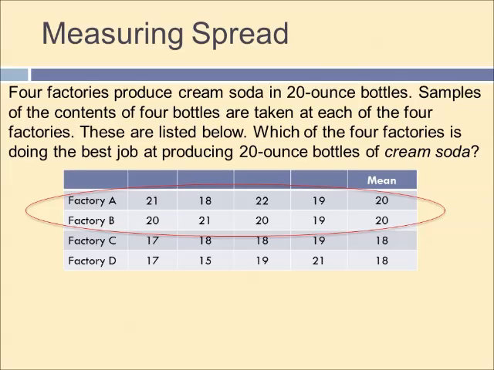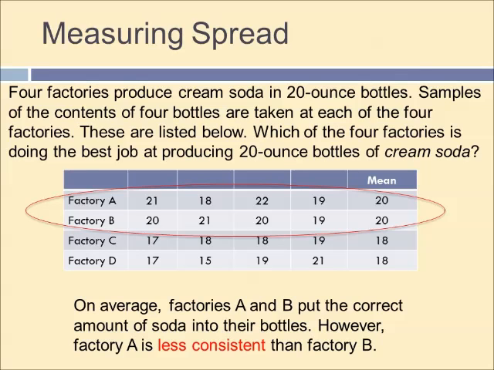But factories A and B are producing on average exactly what they should. Is there any difference? Well, on average, they put the correct amount of soda in their bottles. However, factory A is less consistent than factory B because its values vary more widely.